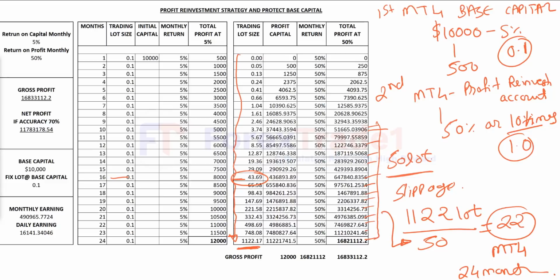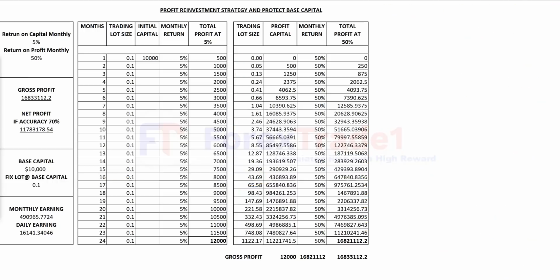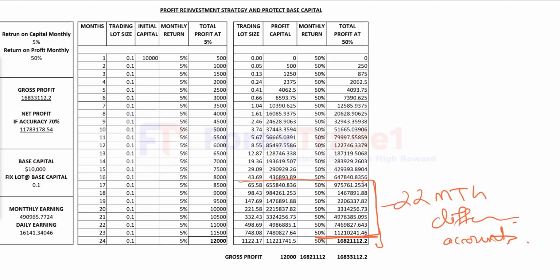See, all the profits after the 16 months, you are diversifying into 24 different MT4 accounts. Just keep it clear, since your lot size is above 50, all this profit you are diversifying into 22 different MT4 accounts, as this is the only way to diversify, strictly up to 50 lots only in one MT4 account.